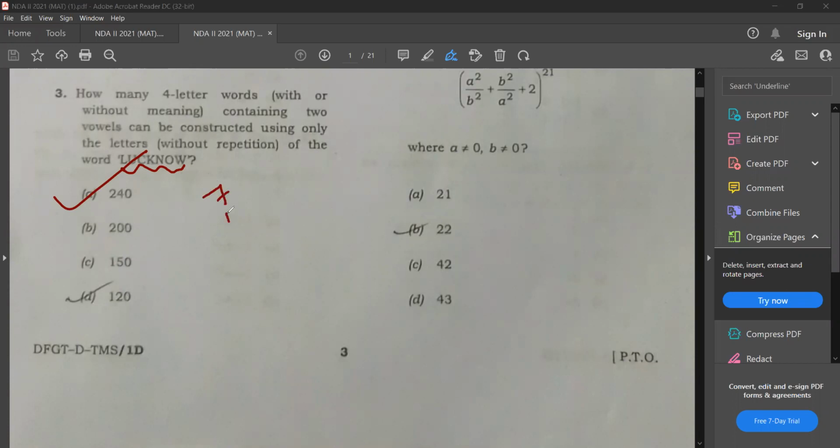So from 7 letters, you have to choose 4 letters, isn't it? So 7C4. Okay, and from those combinations, you need exactly the words having two vowels. So that is a very direct question. So your answer would be option A, 240.